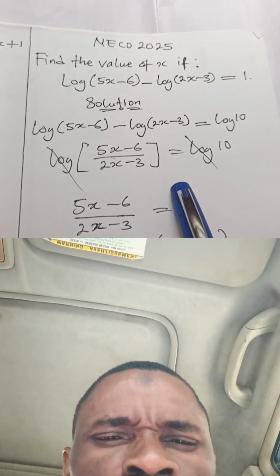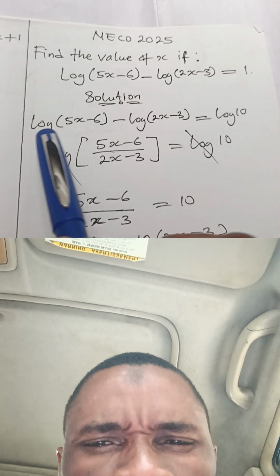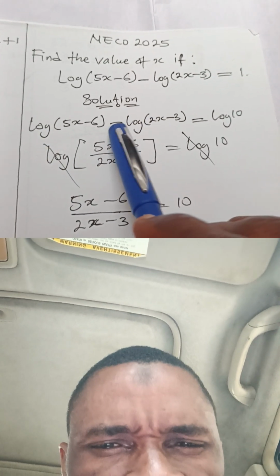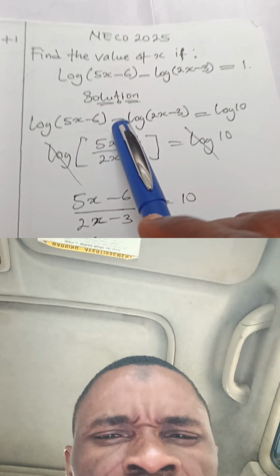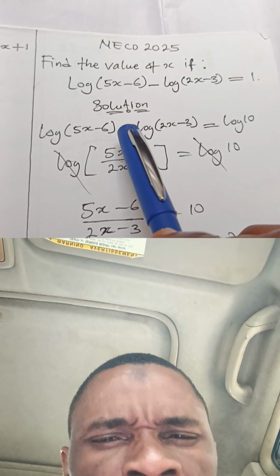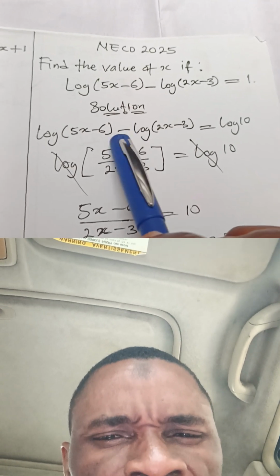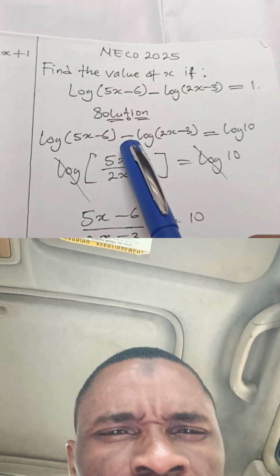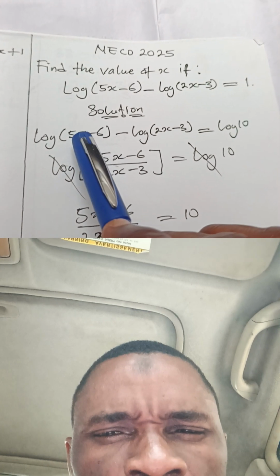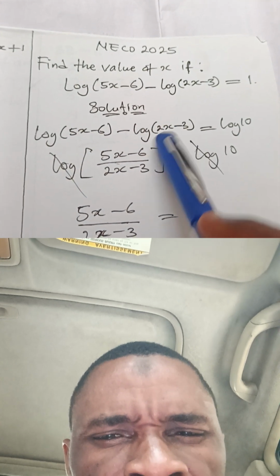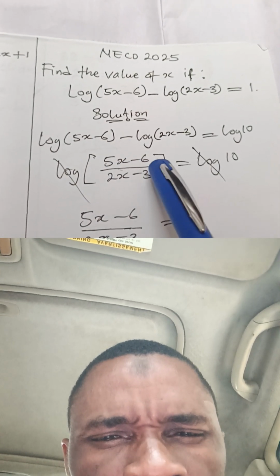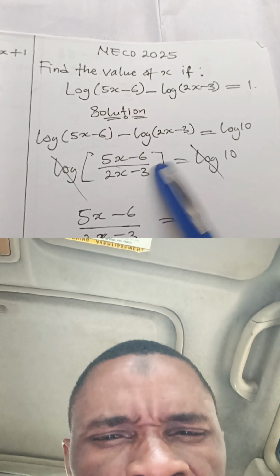Now, this side has a negative, and under the logarithm rules, negative will change to division. Negative will change to what? Division. So we are going to divide this value by this. So we have 5x - 6 all over 2x - 3.